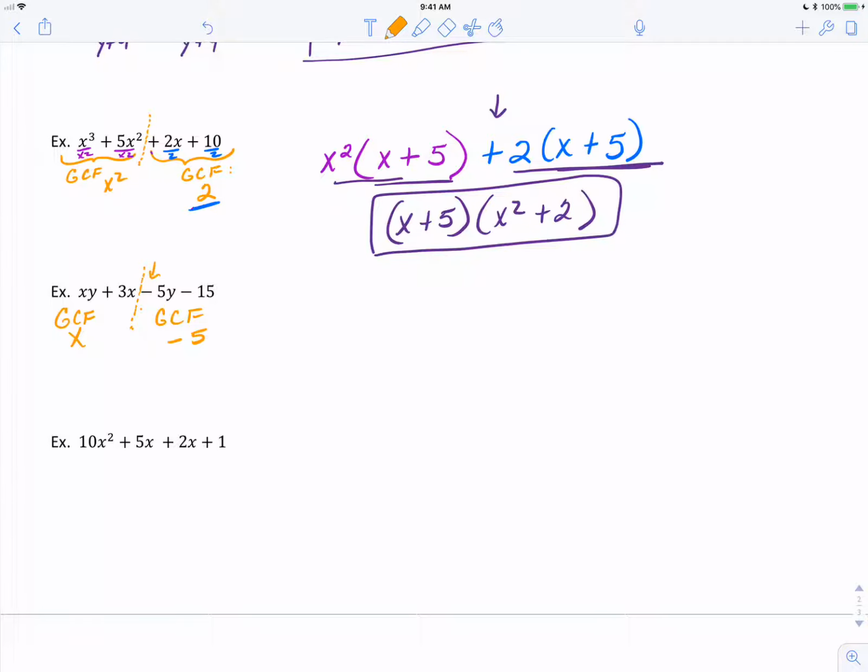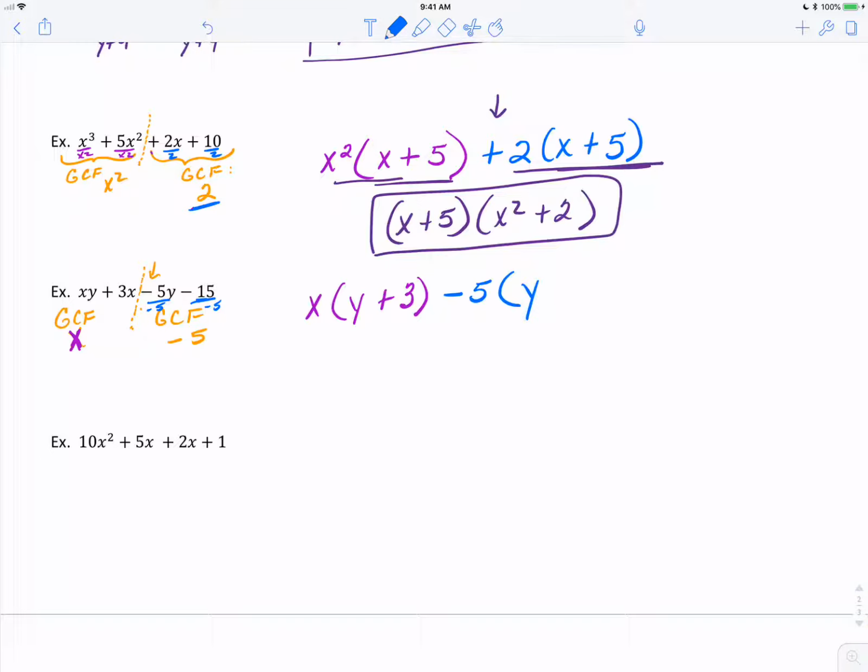All right, if we take the x out of the first two terms, we are left with y plus 3. If we take the negative 5 out of these last two terms, then we are left with y.